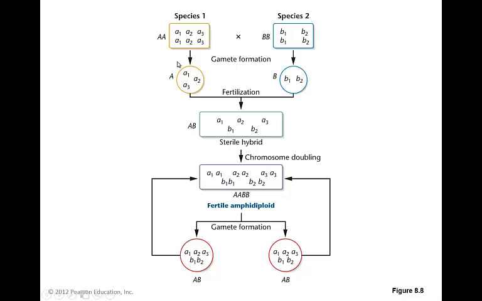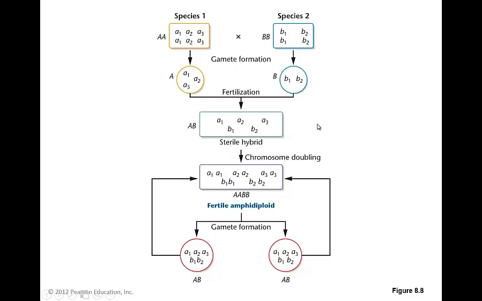When it forms gametes for this, okay, A of course needs to be taken down to here, capital B needs to go here. Out of these you're going to take one from the lowercase a1, a2, a3, here you're going to take b1, b2. When they come together through fertilization, you are now going to have a sterile hybrid.